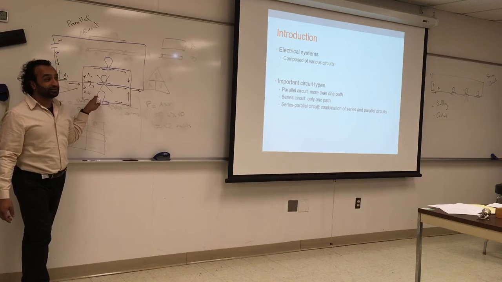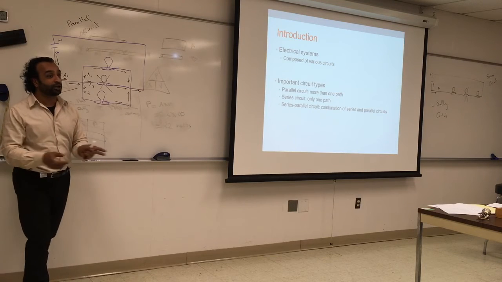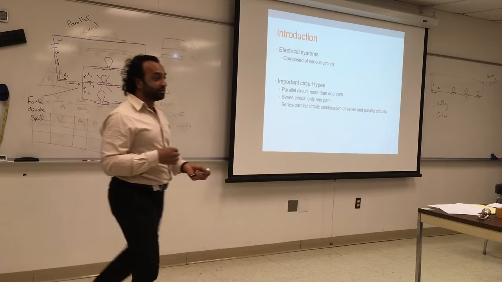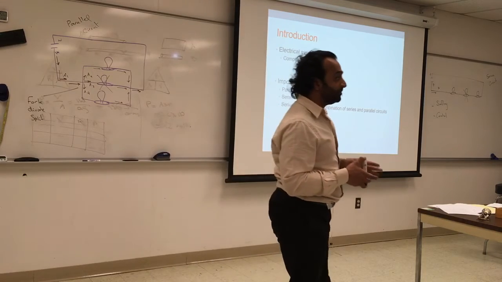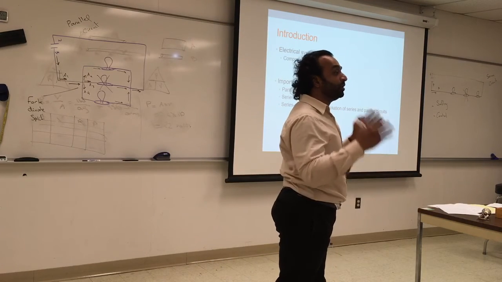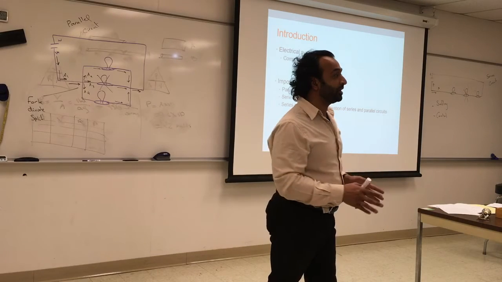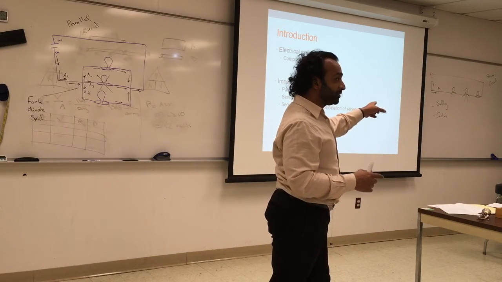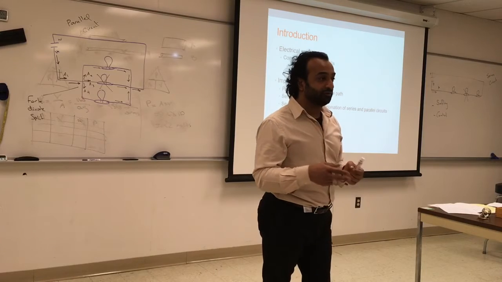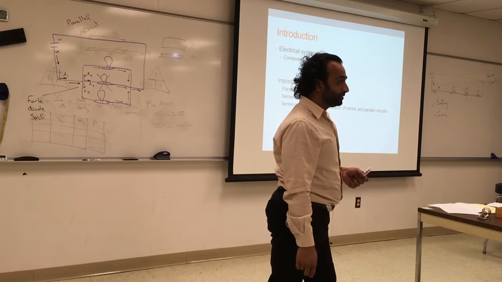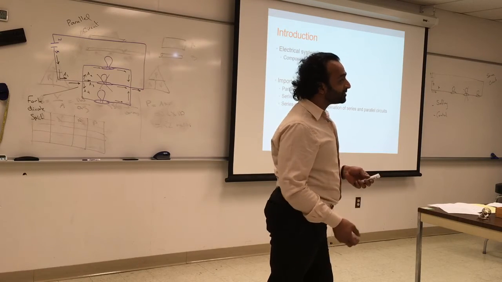It's going to look different in real life. But follow the current, and you will know if those are in series or in parallel. That's the first thing you should do. Recognize this circuit, is it in series or is it in parallel? That's in series. And also ask yourself, if I cut this, will it work? If not, then they are in series.